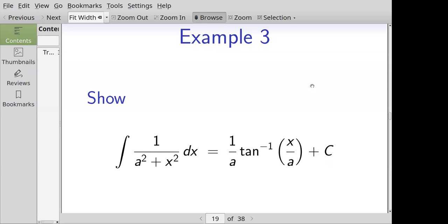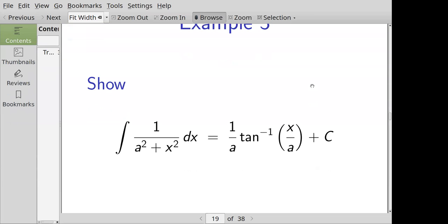And the other thing that we saw was something of this form, the integral of 1 over a squared plus x squared dx. You remember that 1 plus tangent squared theta equals secant squared theta. So this suggests something of the form a tangent theta. One thing you could try is x equals a tangent theta as your substitution.